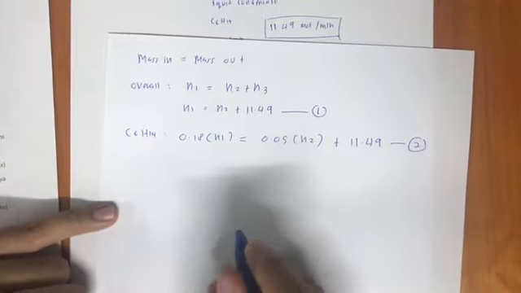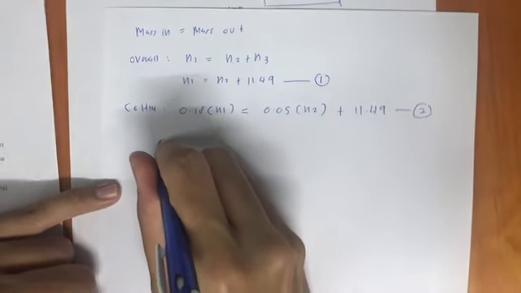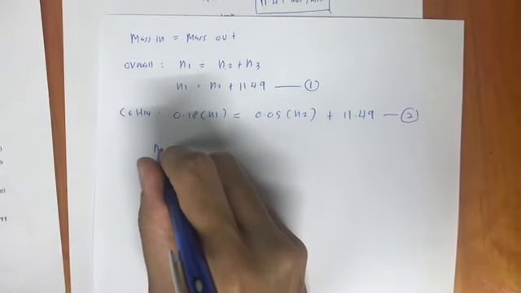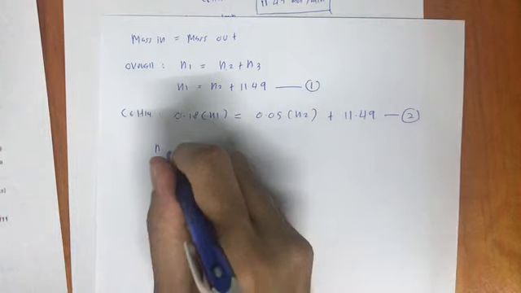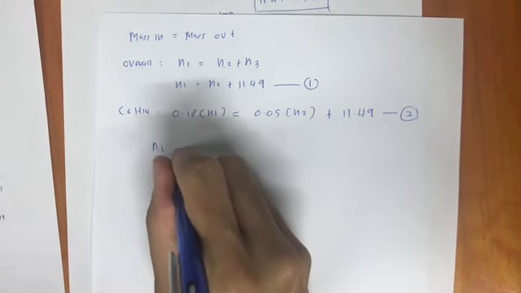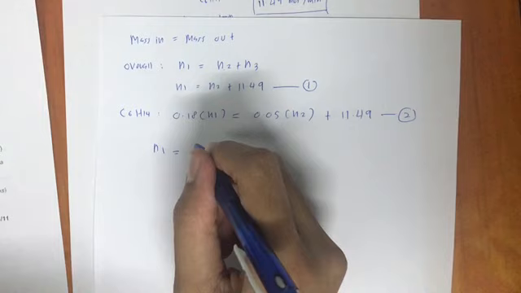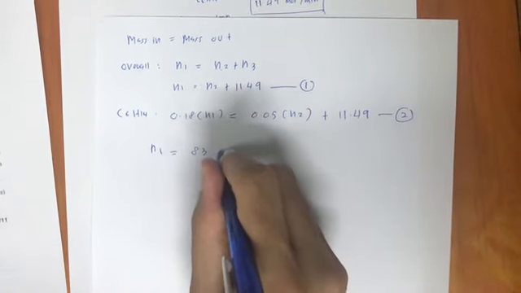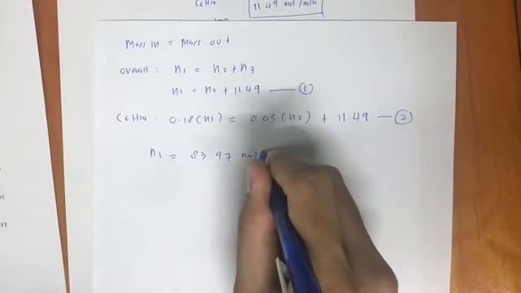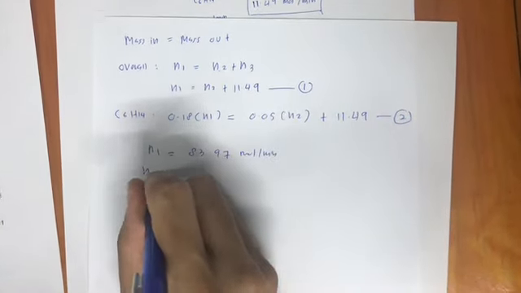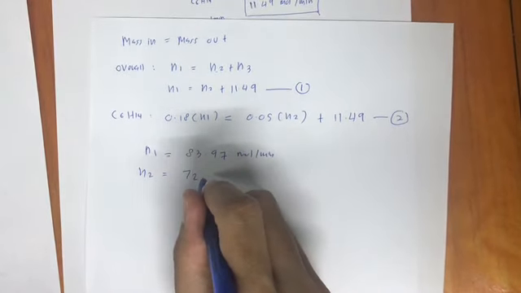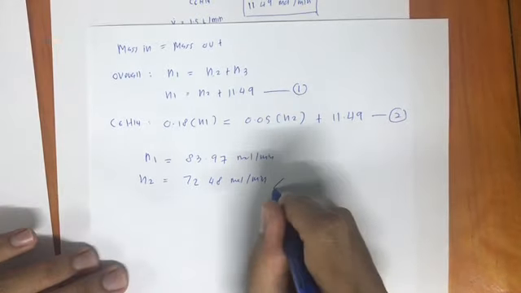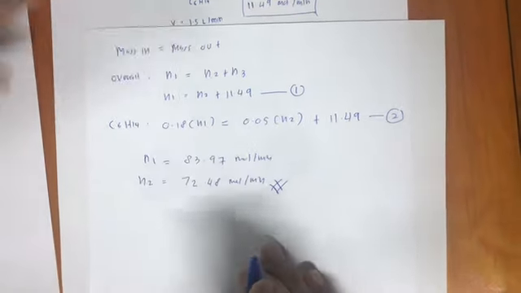At the end of the simultaneous equation, we get the value of N1 is equal to 83.97 mole per minute, and N2 is equal to 72.48 mole per minute. So here is the answer.